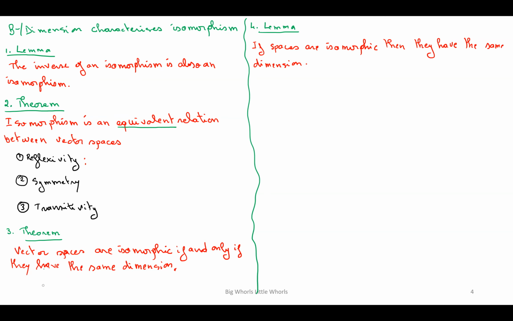Another lemma says, basically these two lemmas are just our theorem split into two. So basically it's going to be the converse. If the spaces have the same dimension, then they are isomorphic. So it's the converse of the previous lemma.